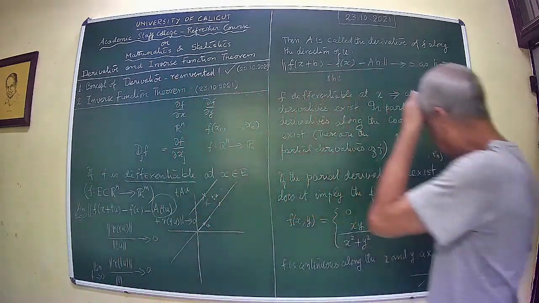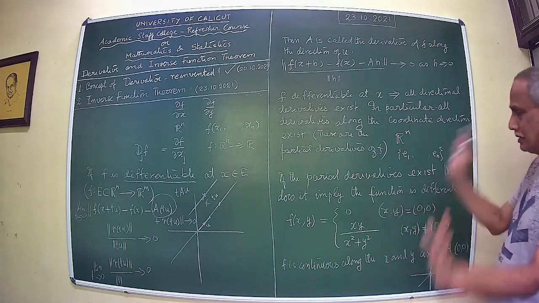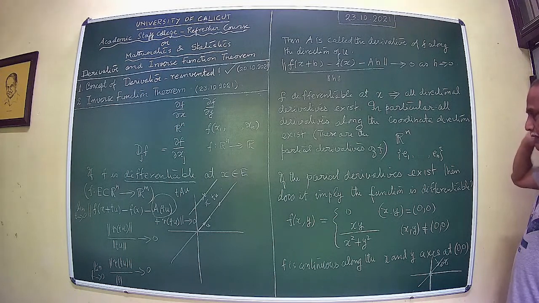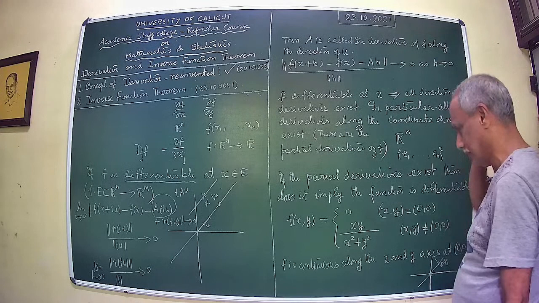No, I didn't mean that. What I said is the function is not continuous at (0, 0). That's what I said. So, you cannot really ask for bigger things actually.